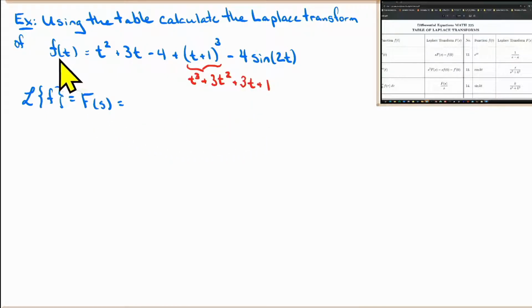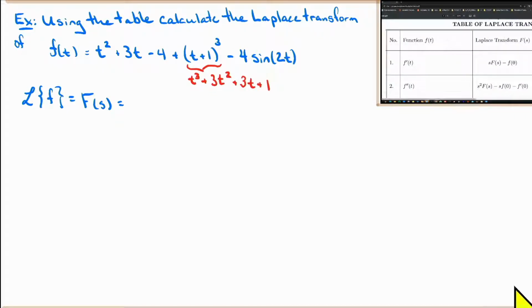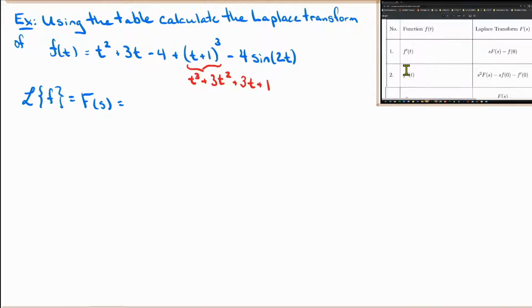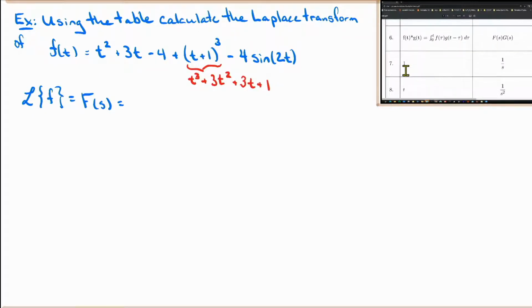So if I take the Laplace transform of little f of t, that means take the Laplace transform of t squared. Add that to the Laplace transform of 3t. Add that to the Laplace transform of negative 4. So what do I do? I go into my table. I search my f of t column for something that looks like t squared.